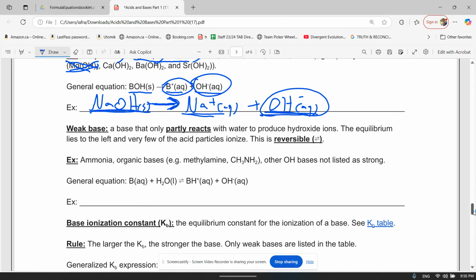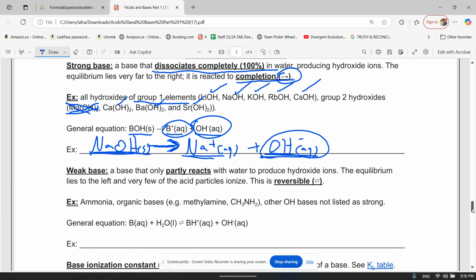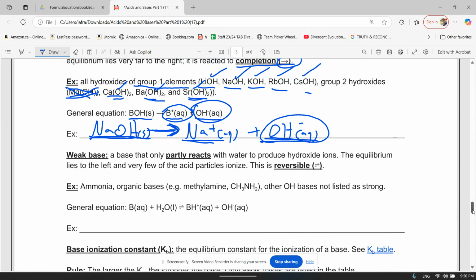Now, weak bases are a bit different. Many of your weak bases actually don't have OH directly in the formula. Now some do, like magnesium hydroxide or any of the other hydroxides that are not part of this process here. So some do have it in there, but many of them don't.